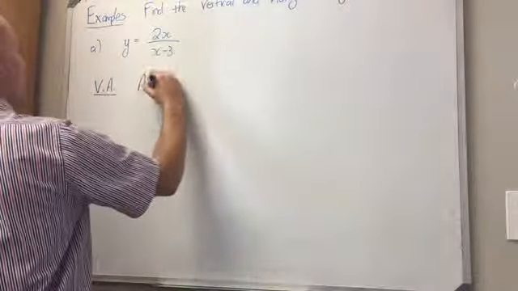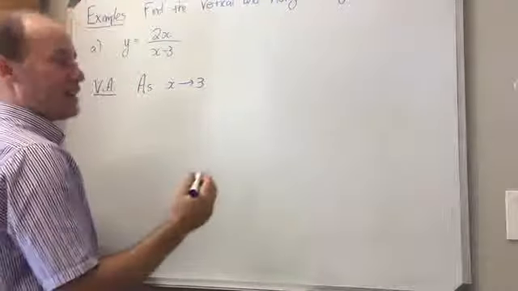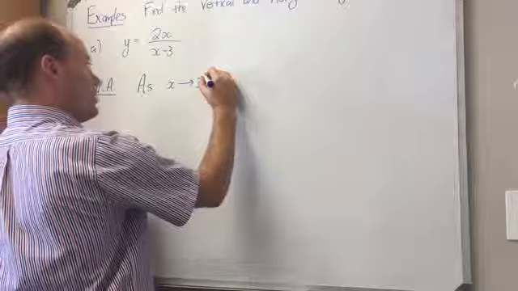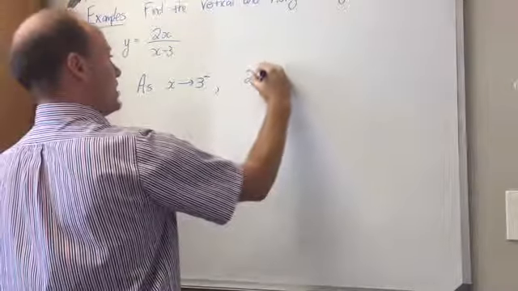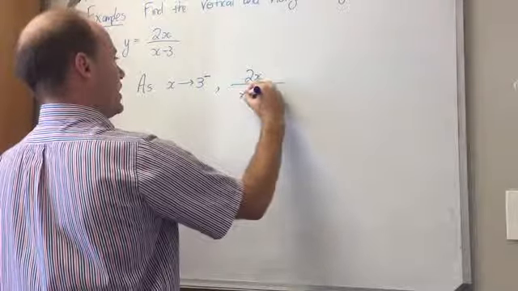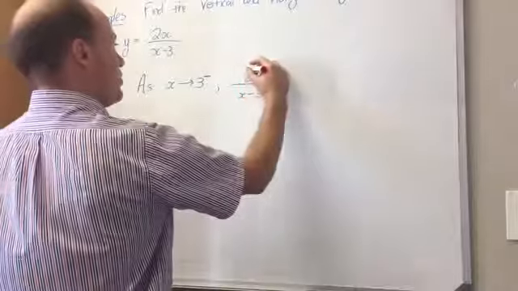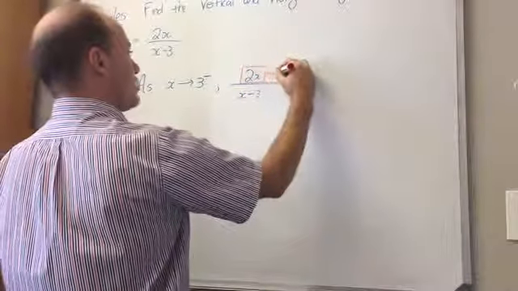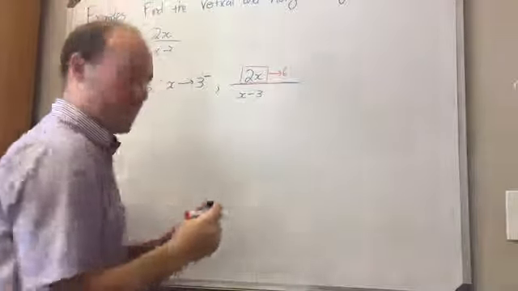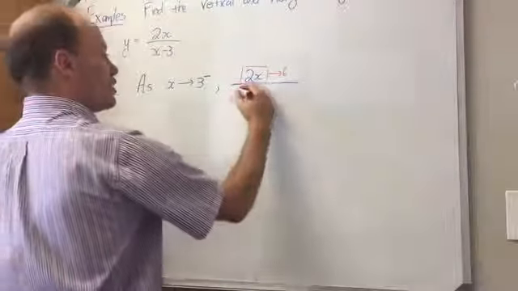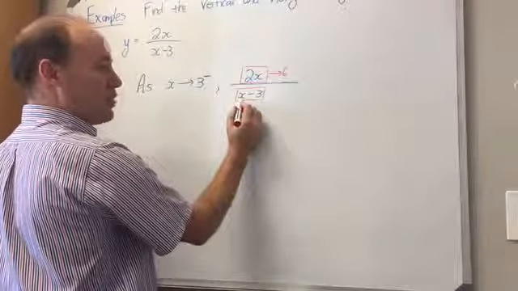So the way we write that down is we say, as x approaches 3, I must be more precise, as x approaches 3 from the left, what happens to the function? Well, 2x over x minus 3 is the formula. As x approaches 3 from the left, 2x just approaches 6. There's no problem with that. What's more important is that x is approaching 3 from the left.